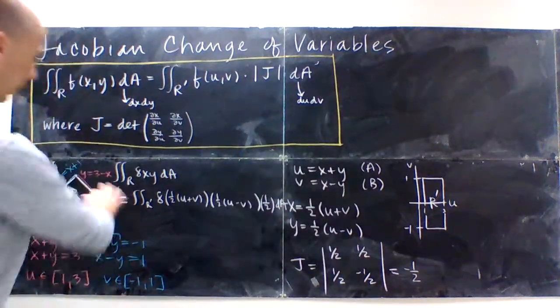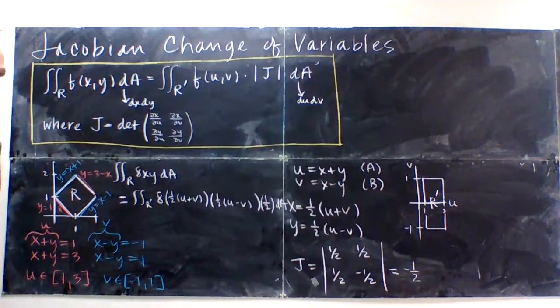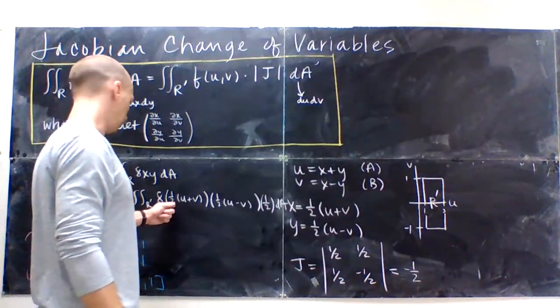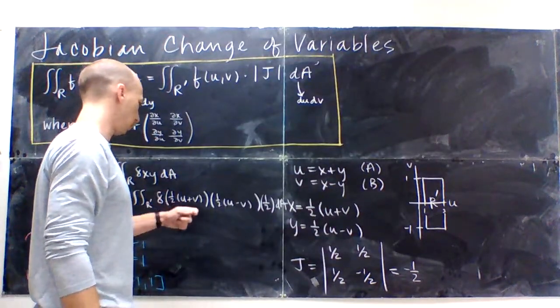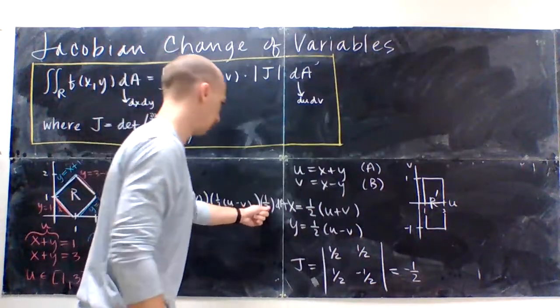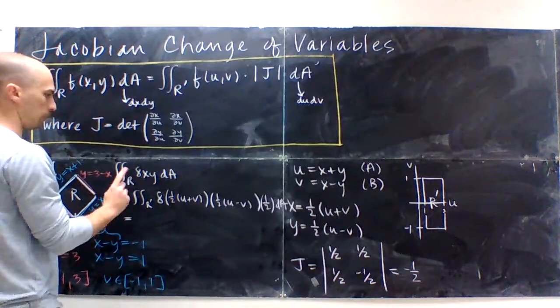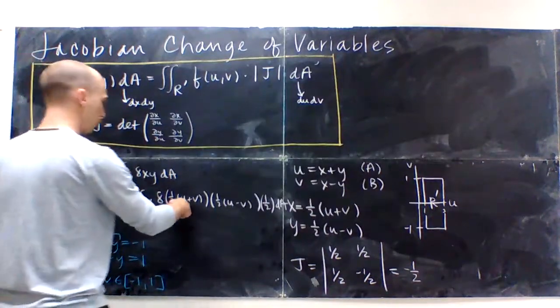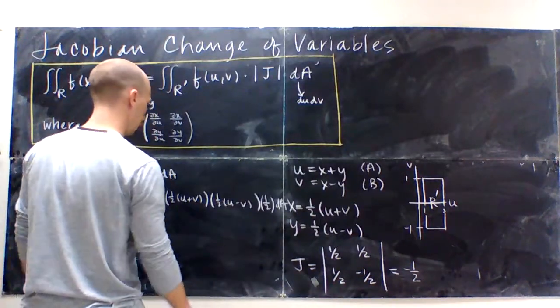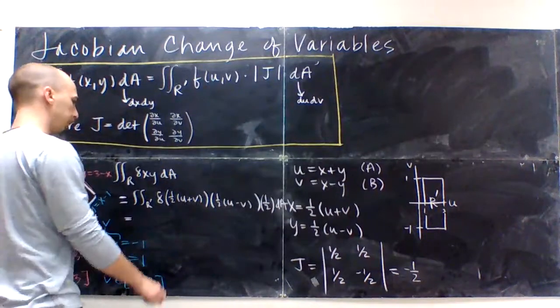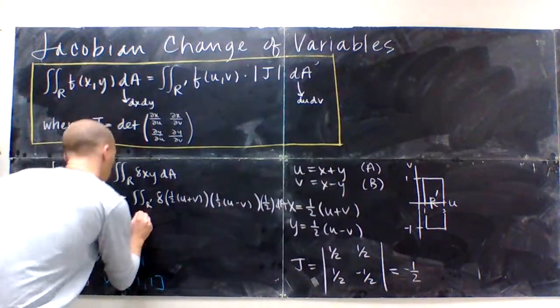Okay, this is kind of a lot to keep track of, so I'm going to clean this up. I've got 8 divided by 2 is 4, divided by 2 is 2, divided by another 2 is 1. So this is now one double integral of (u plus v) times (u minus v) du dv. That's going to be u squared minus v squared.